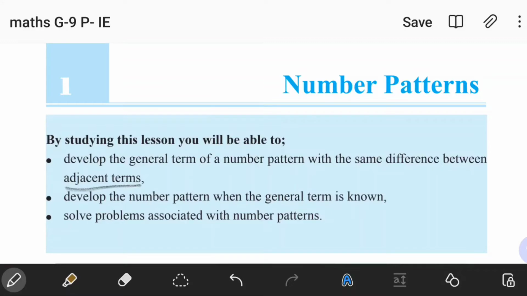When we know a general term, we should be in a position to devise the number pattern. We should be able to figure out what's the first number, second number, third number, and fourth number, and whatever that nth number is, and so forth. And we'll also be able to solve problems associated with number patterns.